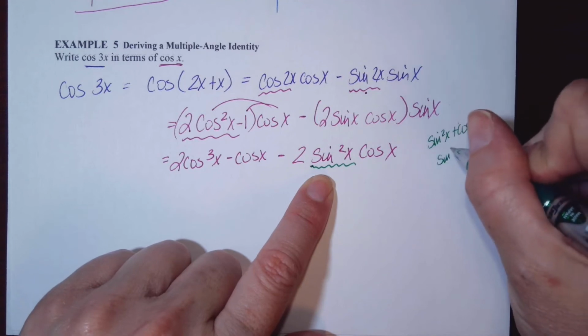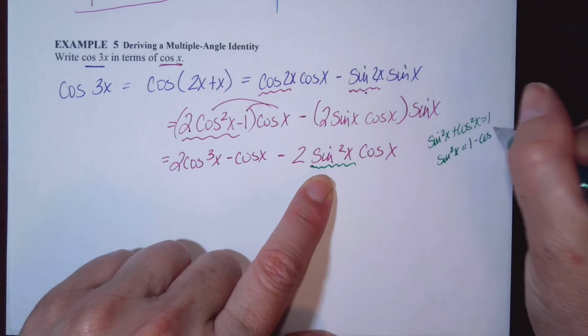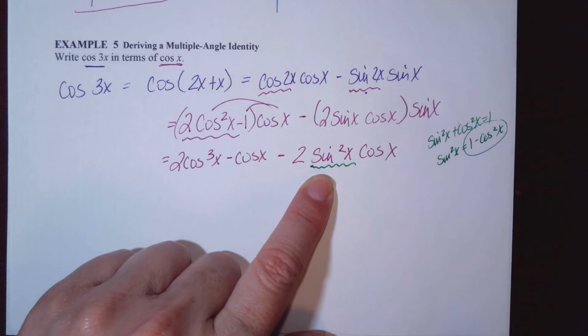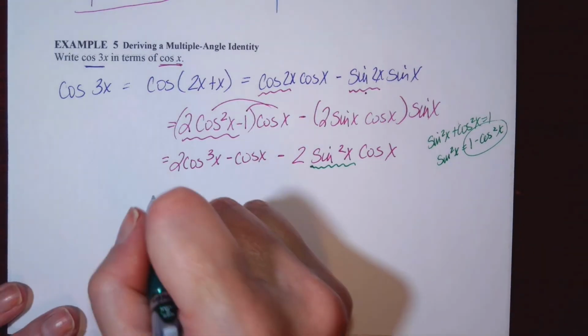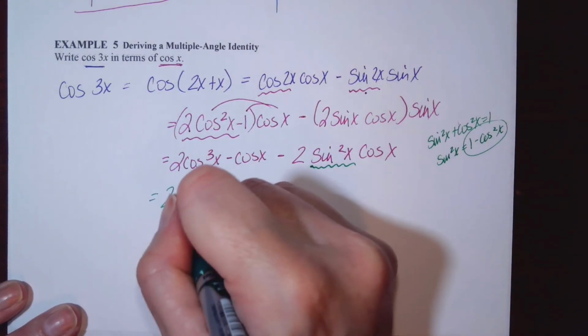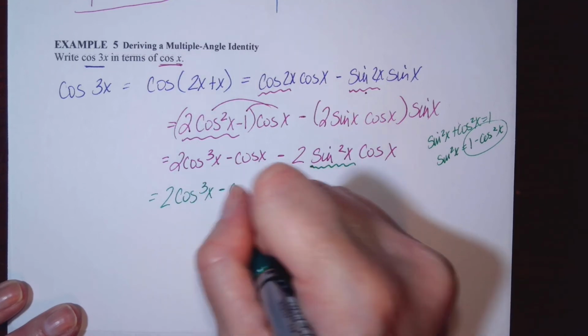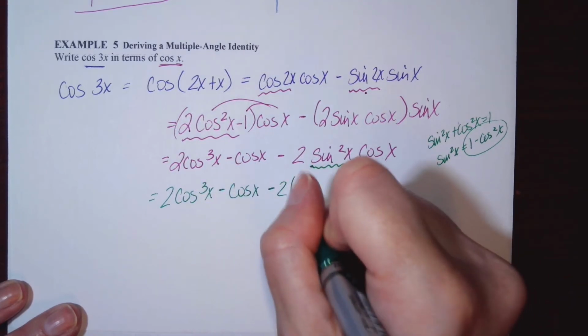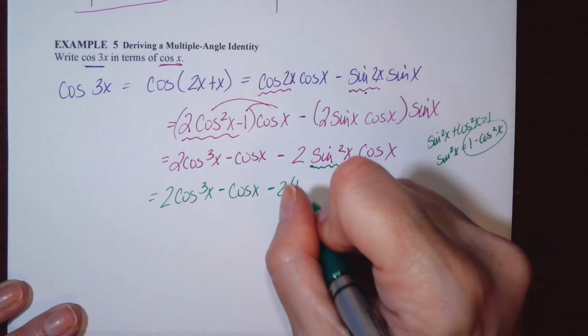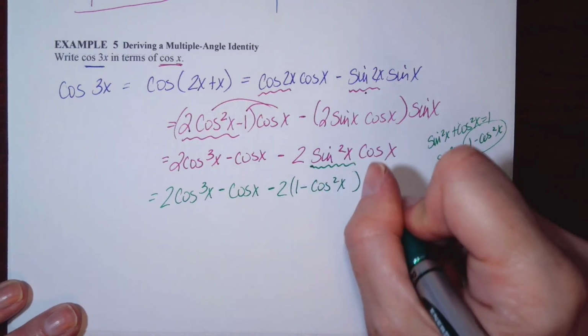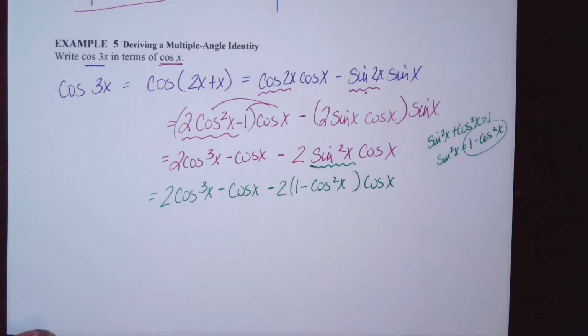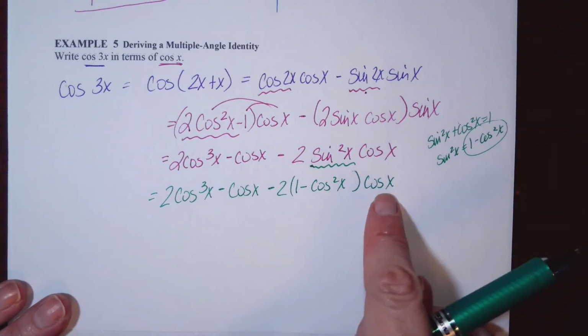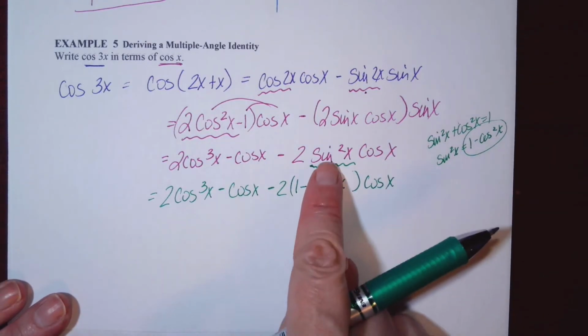So sine square x is 1 minus cosine square x. That's going to be my substitution right here. So let's do that. 2 cosine cube x minus cosine x minus 2 times my substitution times cosine x. Right there. There's my substitution for sine square x.